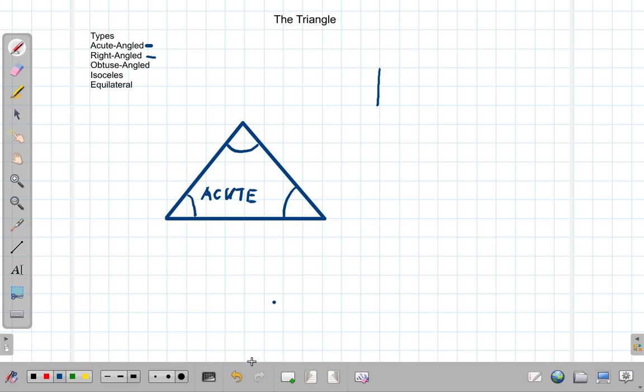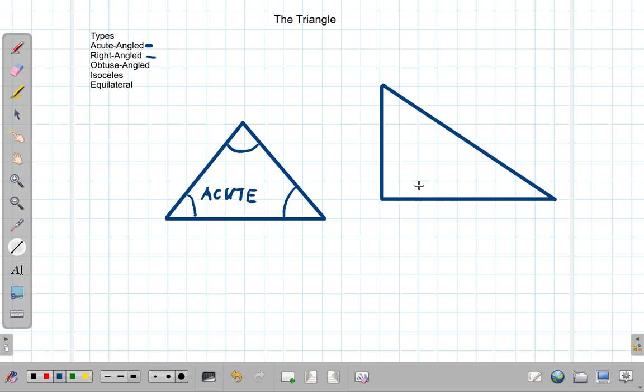Let me draw a right angle triangle here. If this is one side of my right angle triangle, and I have the other side, that's the second side, and the third side. With this triangle, the right angle is here. And the right angle measures exactly 90 degrees.